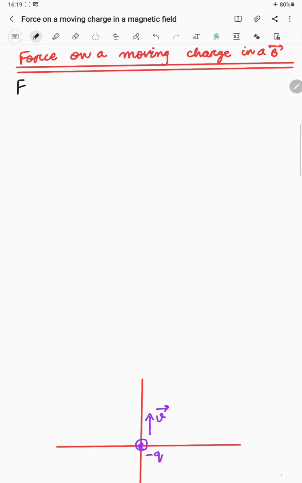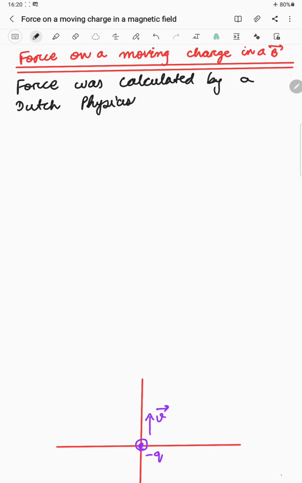This force was calculated by a Dutch physicist named Lorentz.